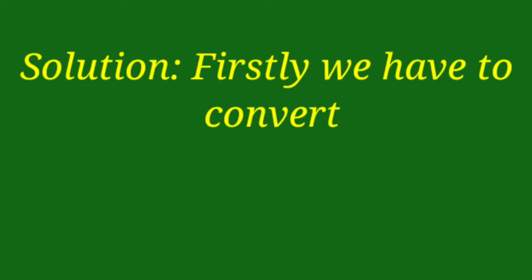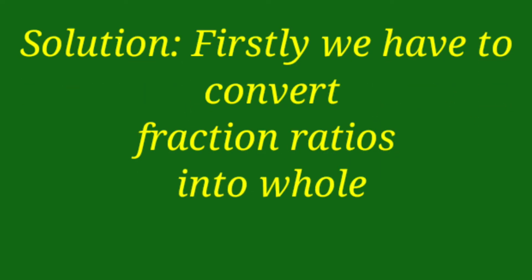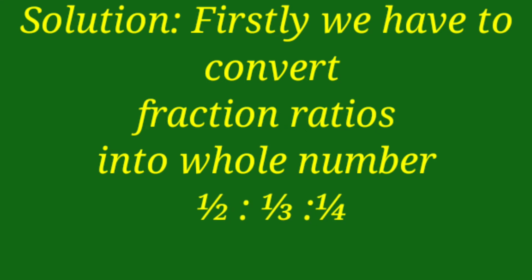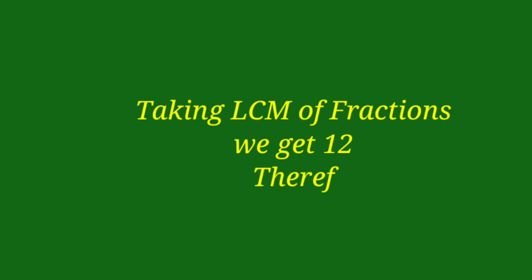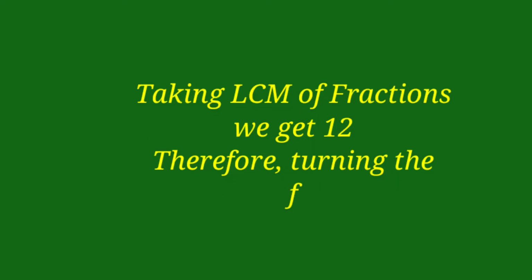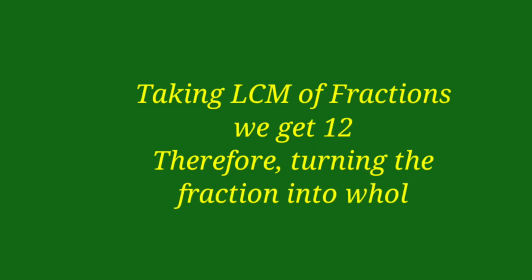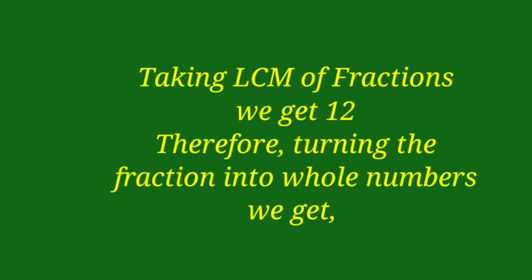So the solution, first we have to convert the fraction ratios into whole numbers, 1/2:1/3:1/4. How will we do it? By taking the LCM. The LCM of the denominators is 12.